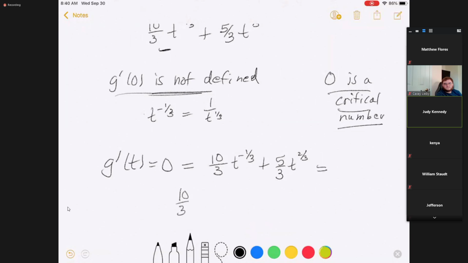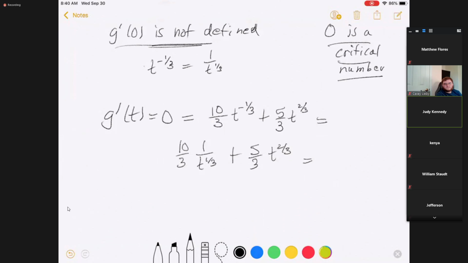First of all, it's 10/3, and that's really 1 over t to the 1/3. So 3t to the 1/3 is my common denominator.